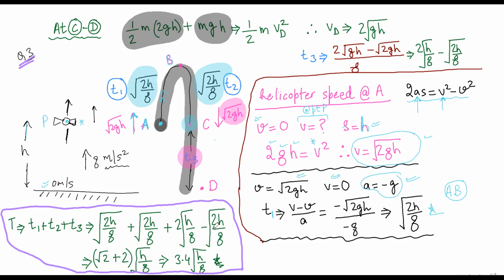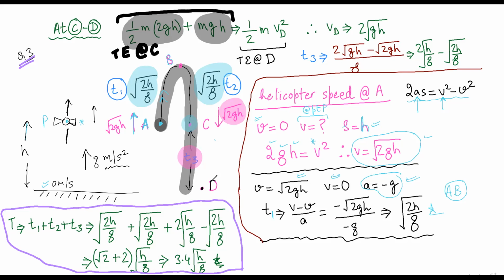So this part is the total energy at point C, and this part is the total energy at point D. Why do I want this?